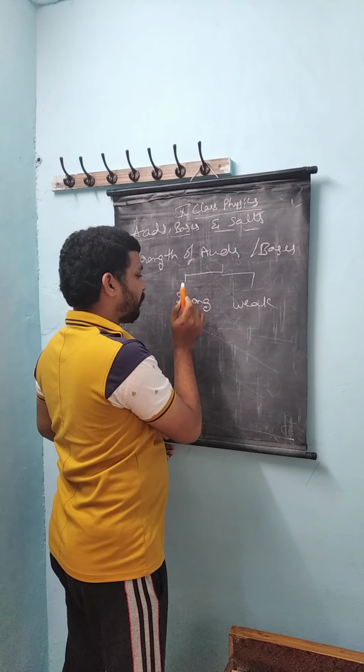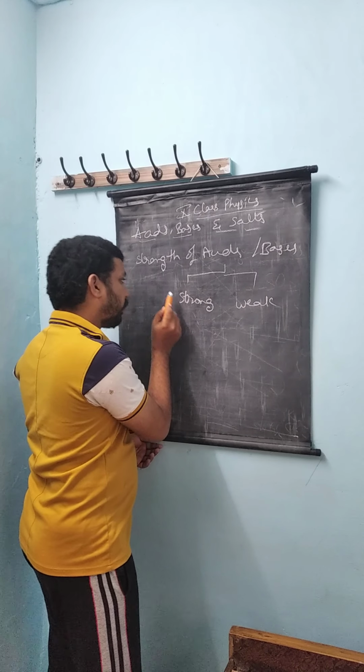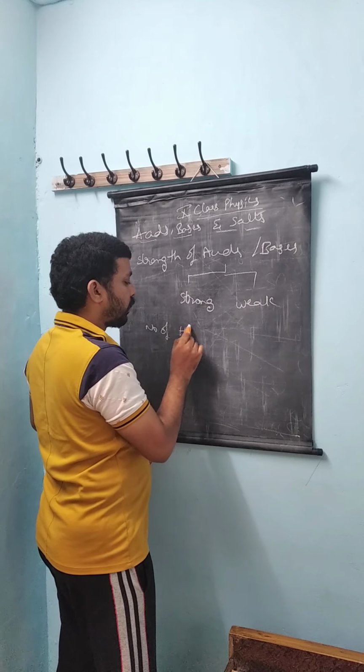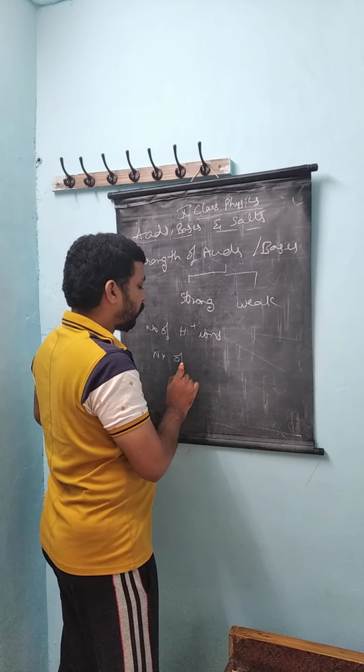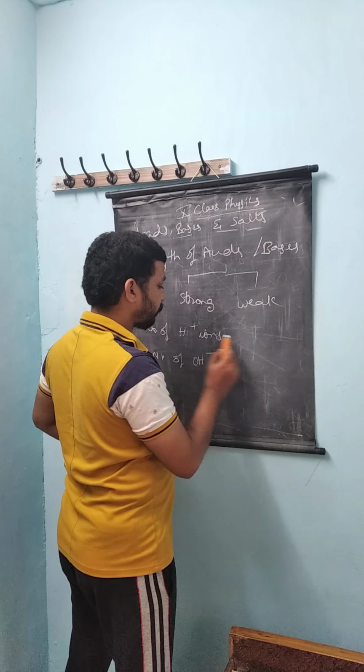Whether an acid is termed strong or weak mainly depends upon the number of H plus ions or the number of OH minus ions.